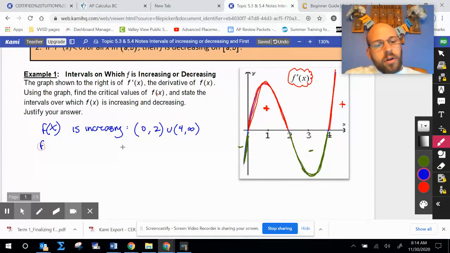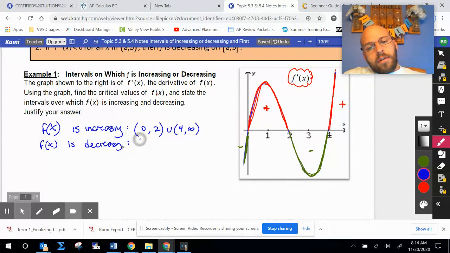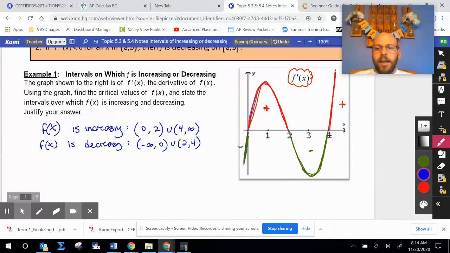Now, we also know f of x is decreasing from negative infinity to 0 and from 2 to 4 because it's below the x-axis. And again, those would be negative slopes.